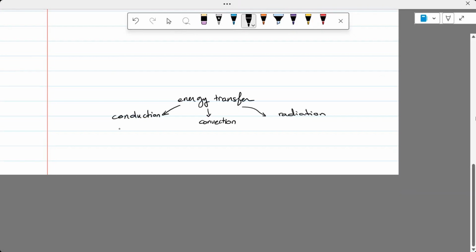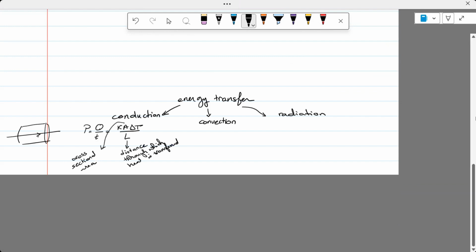So for conduction, we have this formula P, which is Q over t, equal to k A delta T over L. L is the distance through which heat is transferred, whereas A is the cross-sectional area. So if I have the cylinder itself and heat is transferred in this direction, then this is L and A is the area of the circle.